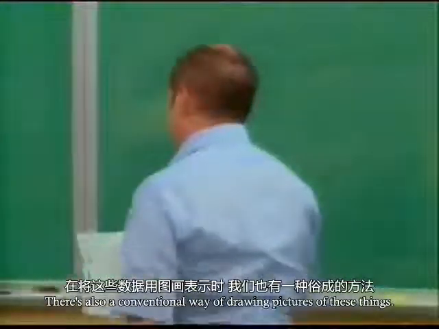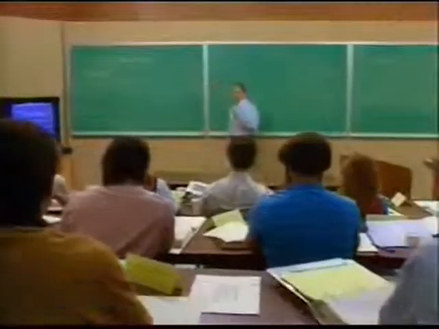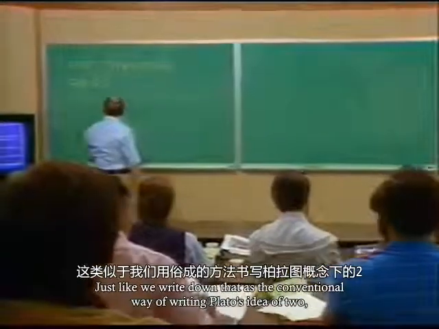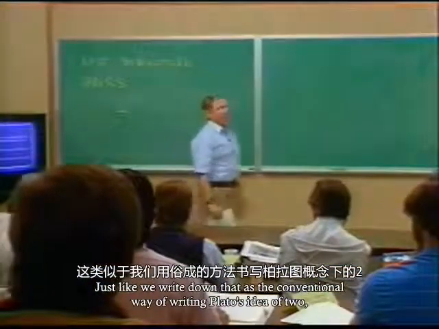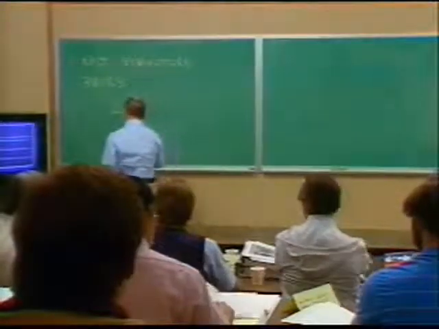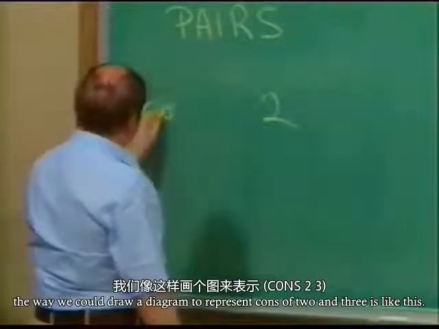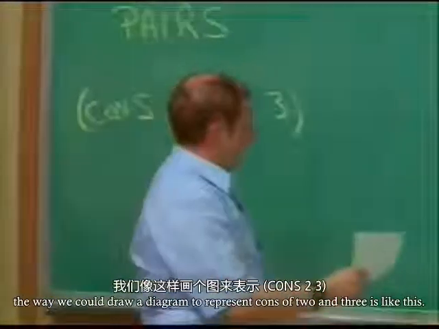There's also a conventional way of drawing pictures of these things, just as we have a conventional way of writing Plato's idea of 2. We can draw a diagram to represent cons of 2 and 3 like this.